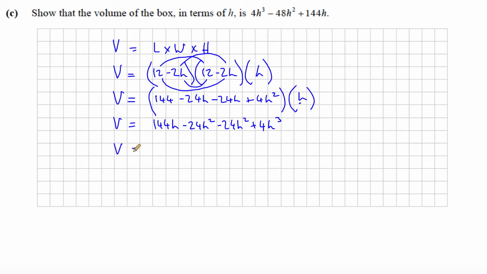Okay, so we're nearly there. All I have left to do now is combine these two middle terms because they're both h squared. So I get 4h cubed, I'm going to put that first now. 4h cubed minus 48h squared, which is these two terms, and then the plus 144h at the end, which is what we were asked to show. So that's the volume of the box in terms of h.